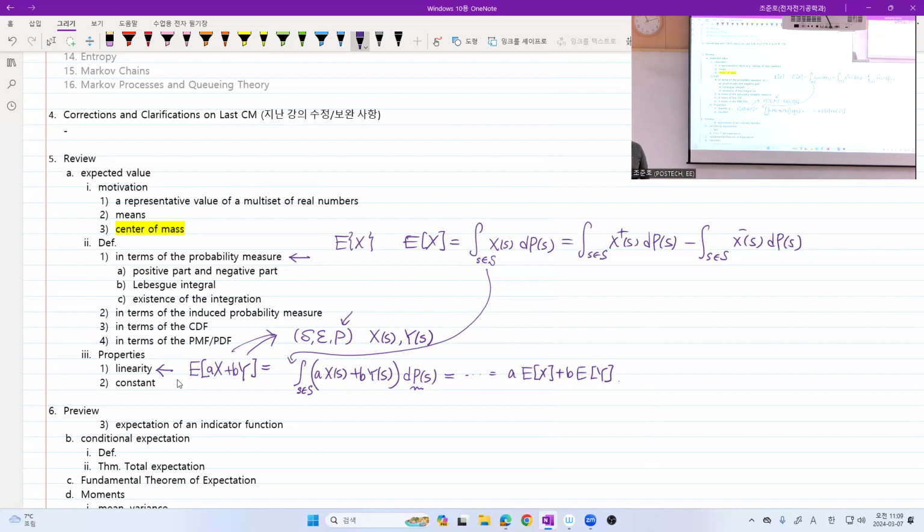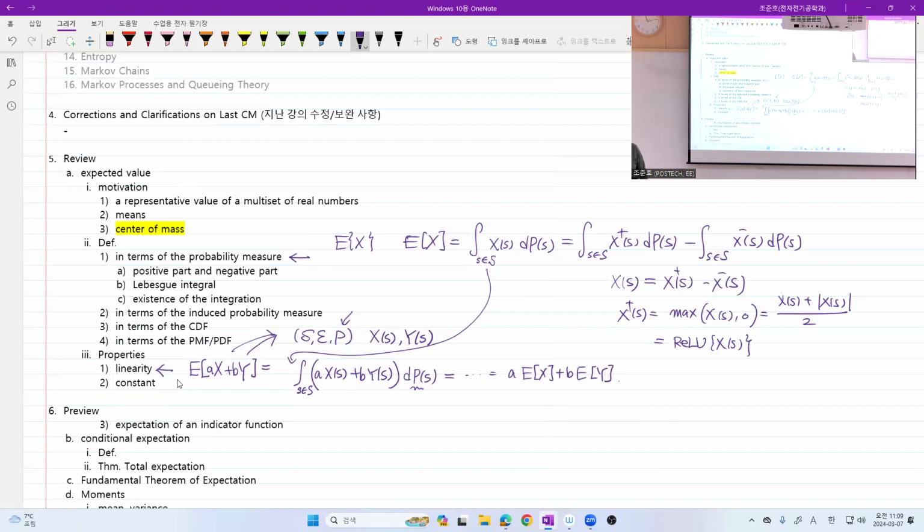I myself was also many times confused, because it sounds like the negative part of a function must be negative. However, we don't define it that way. We define X plus of s as max of X of s comma 0, or half of X of s plus the absolute value of X of s, or in the current popular fancy way, ReLU of X of s.